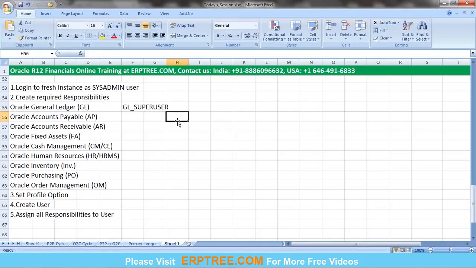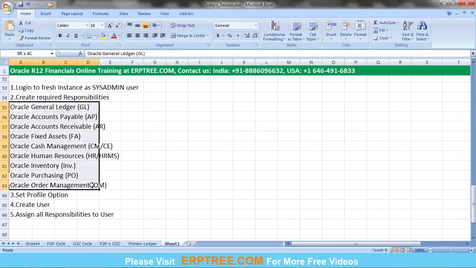Okay, anyway, done. For each application, Oracle is providing separate menus. Those we call seeded menus. So now we'll go and create the responsibilities for all these applications, one by one. We'll follow this sequence. Any questions, please?